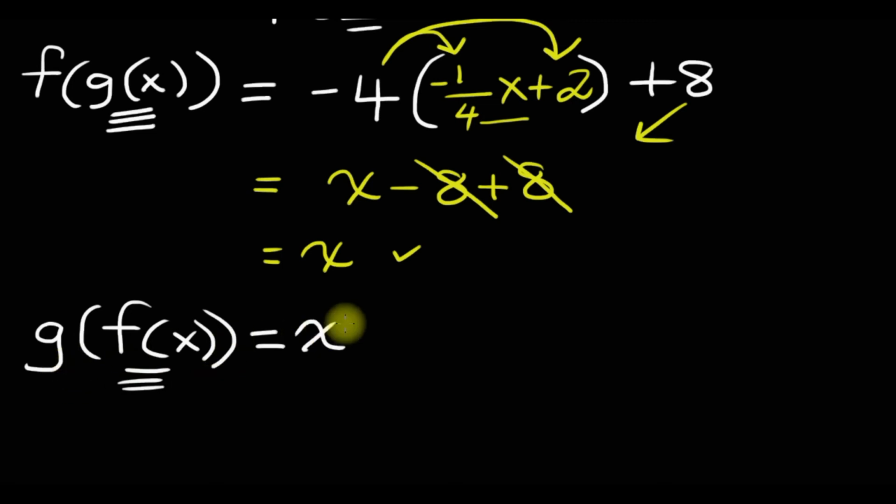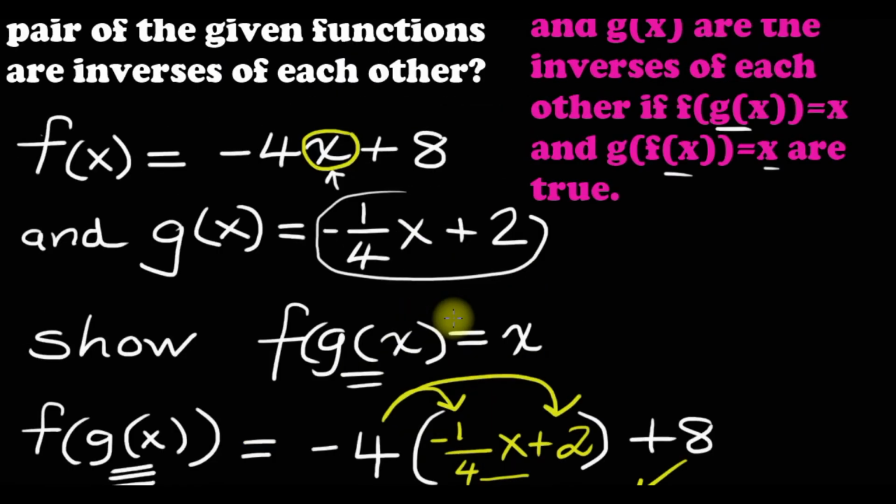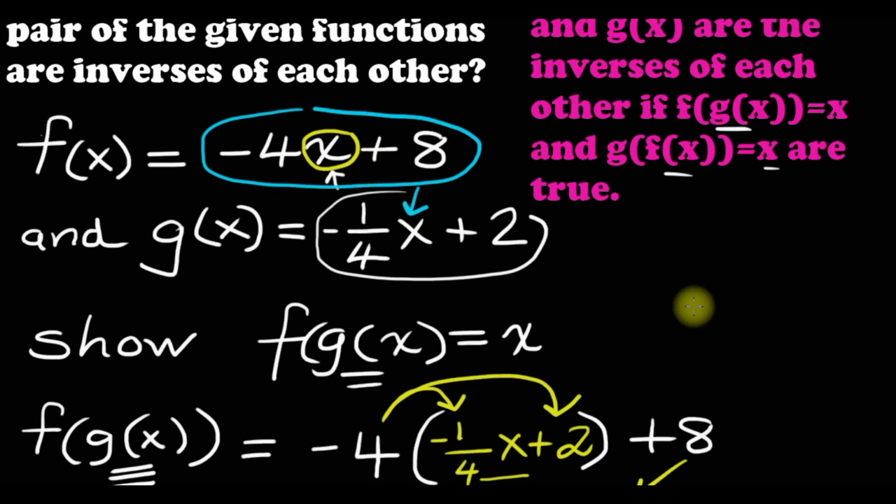So what you have to do now is take this f of x, and then you're going to substitute that in for this x, because f of x is the inside function.